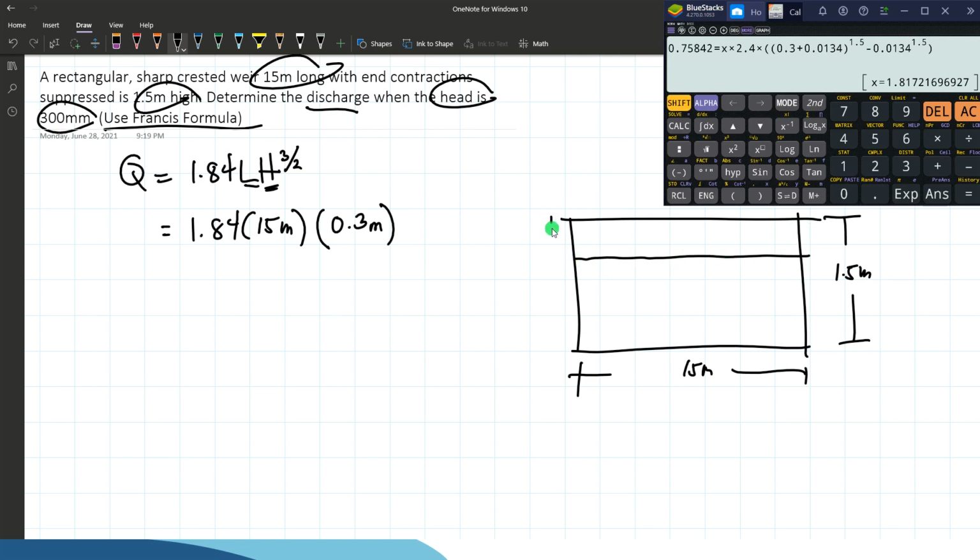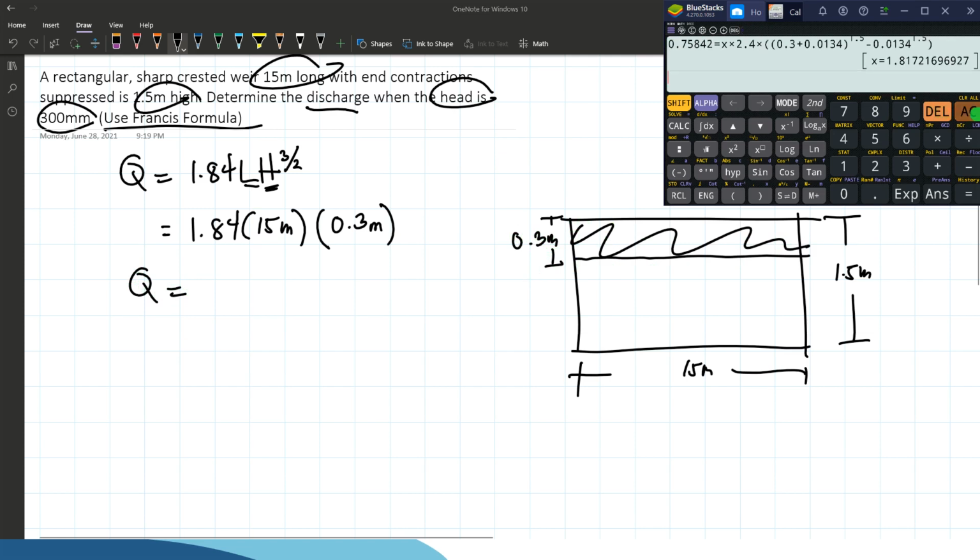So it means that the opening, when we use weir, where the water is flowing, has a head of 0.3 meters. So let's now solve using Francis formula. 1.84 times 15 and 0.3 raised to 3 halves. That's raised to 3 halves or raised to 1.5.